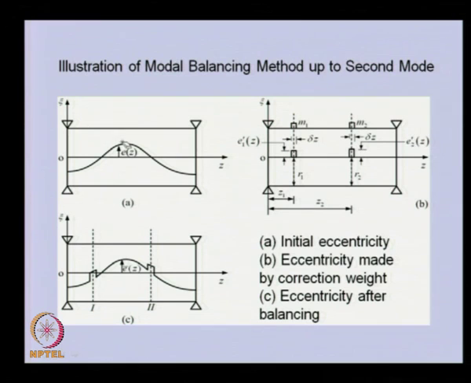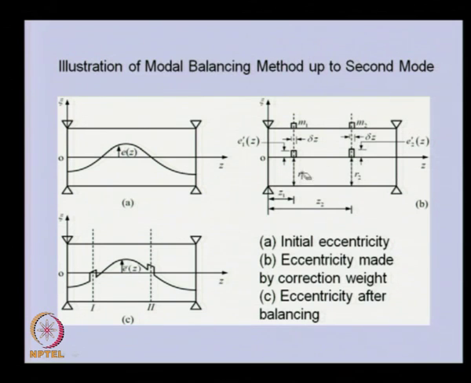So we will be taking two planes. Here, this is the shaft, and we take plane one and plane two. M1 and M2 are, let us say, correction masses which we are keeping in these two planes. In this rotor, the eccentricity is not shown; this step kind of thing is the eccentricity corresponding to the mass which we have put at the outside of the rotor, because the rotor has radius R1 and R2.